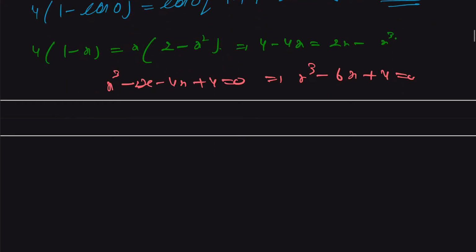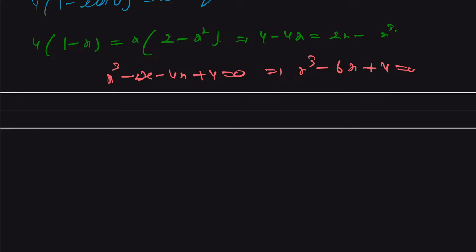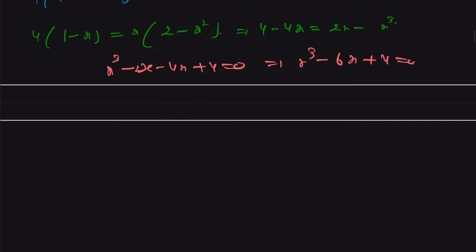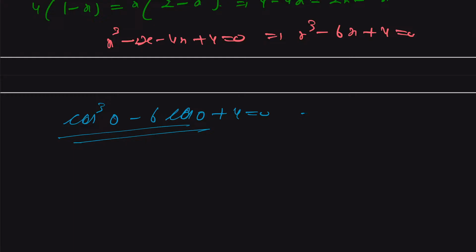Okay, so this is nothing but a cubic equation, and you can just substitute the value of cos, and this gives us cos cube theta minus 6 cos of theta plus 4 is equal to 0. Okay, that was asked in the question, that it will consist of a cubic equation.